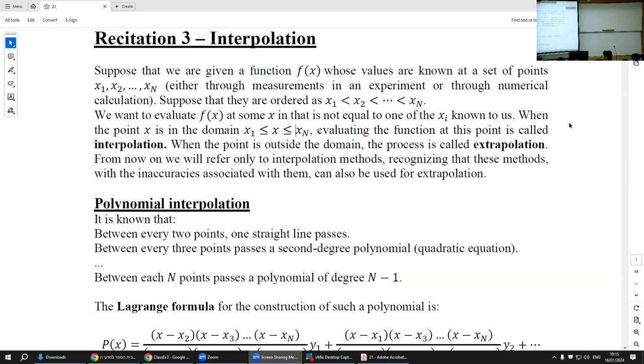So when x equals xi, which is not the xj, there is some term in this product which is xi minus xi, and that's 0. So it's a product of n minus 1 terms, and one of them is 0, so that's 0.